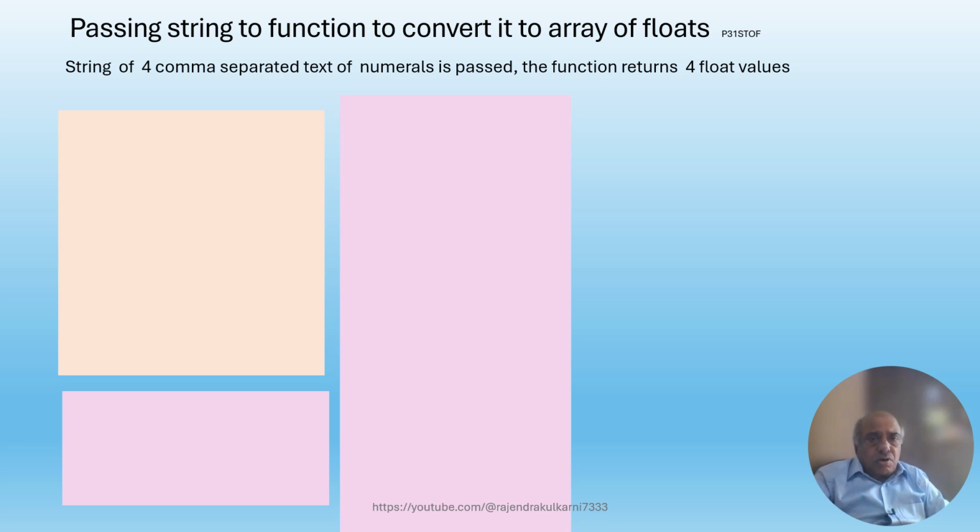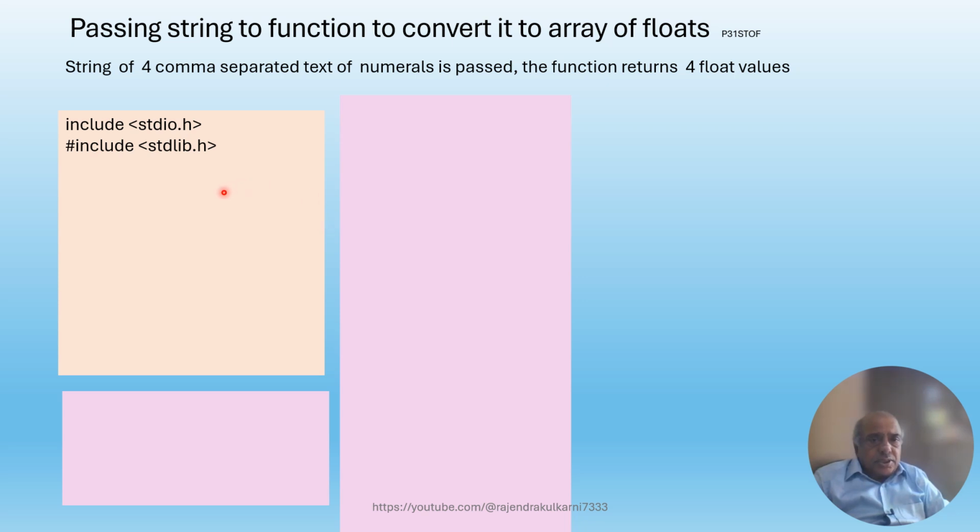A string of 5 comma-separated text numerals is passed to the function, and in the function the 5 float values are assigned to a float array, and the address of that float array is returned to the calling function. So let us see.